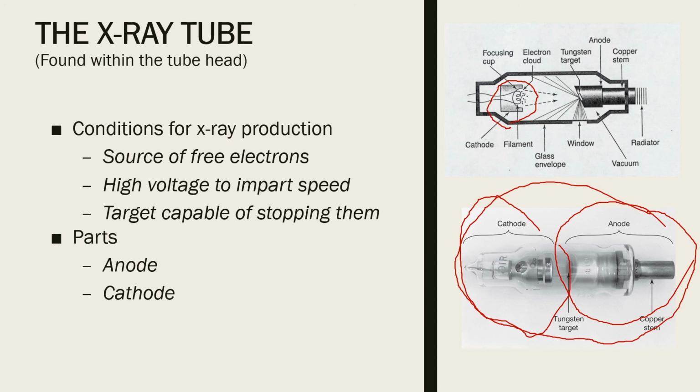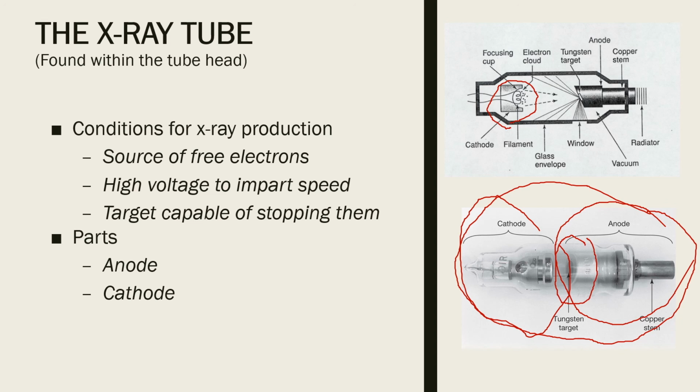If you remember, we've talked about the high voltage circuit that would accelerate the electrons. And the third condition is there has to be a target that is capable of stopping them, which is found in the anode.